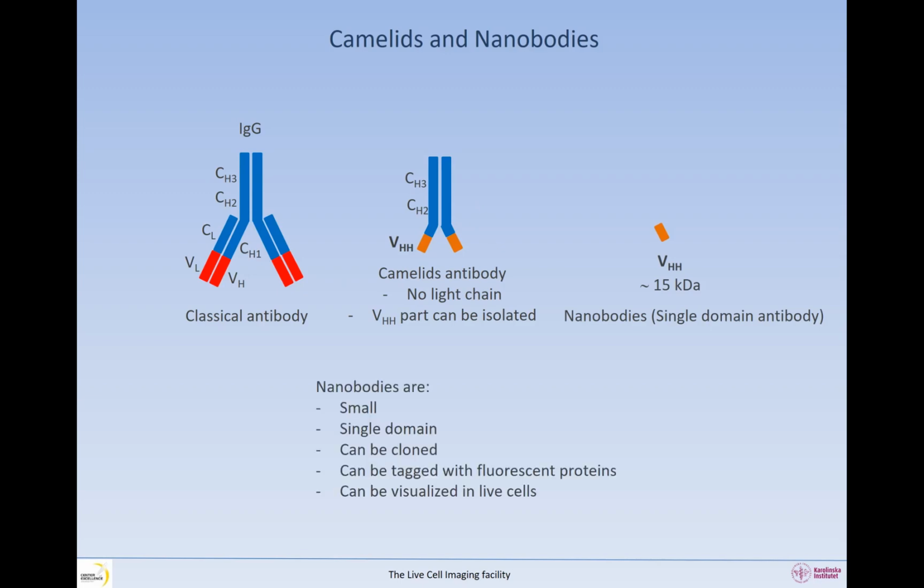So the small size of the nanobodies and the fact that they are formed by one single protein offer some advantages. Like, for example, it can be easily cloned in expression vectors and transfected into cells. Of course, also tagged with fluorescent proteins. And thus, it can be easily visualized in living cells.